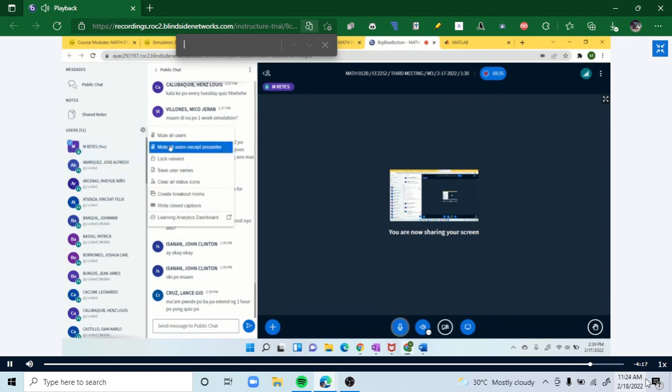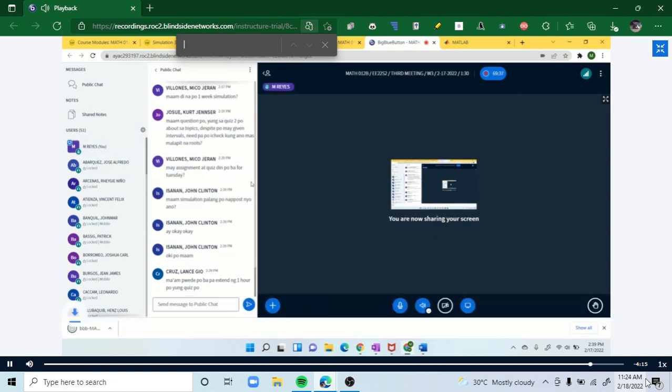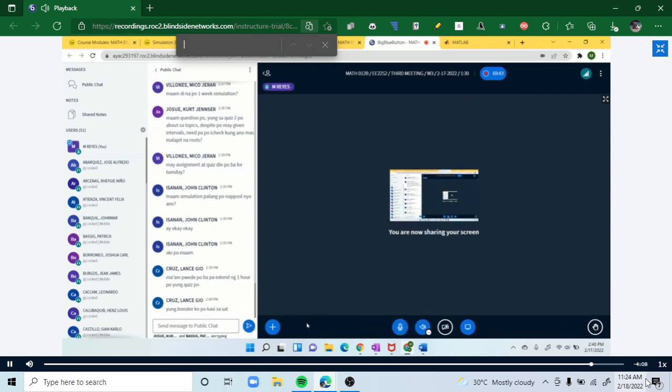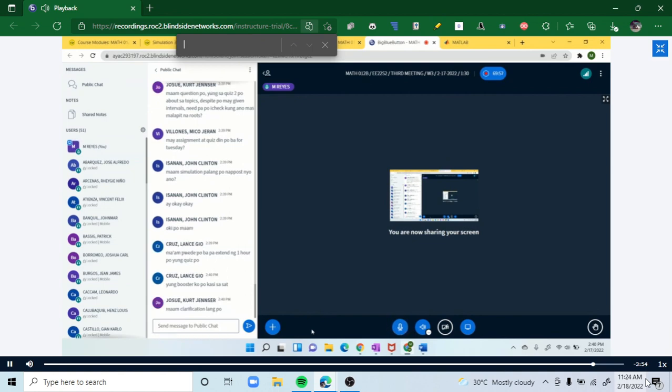May questions pa kayo? Attendance. Here. I will send the attendance also later through announcements. Yung booster mo sa Saturday, pakita mo na lang sa akin yung vax card mo. Yung vax card na nag-booster shot ka ng Saturday, schedule ng quiz natin.